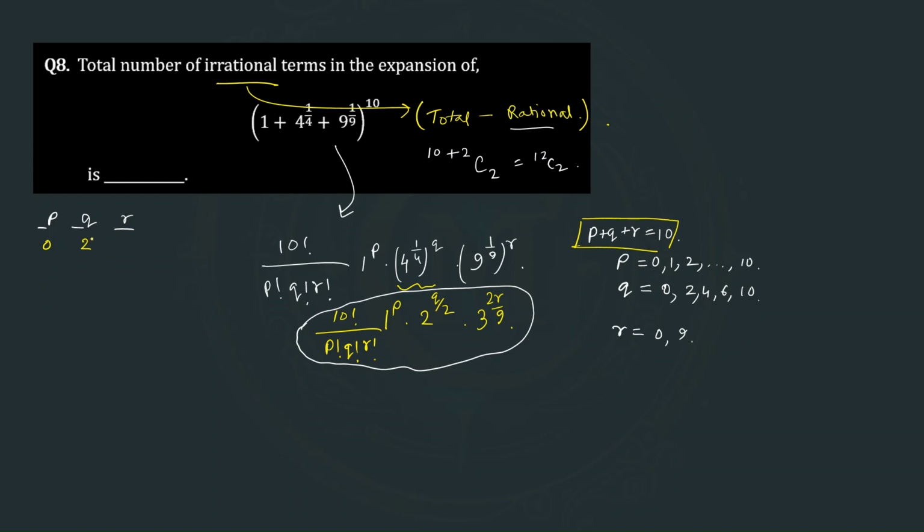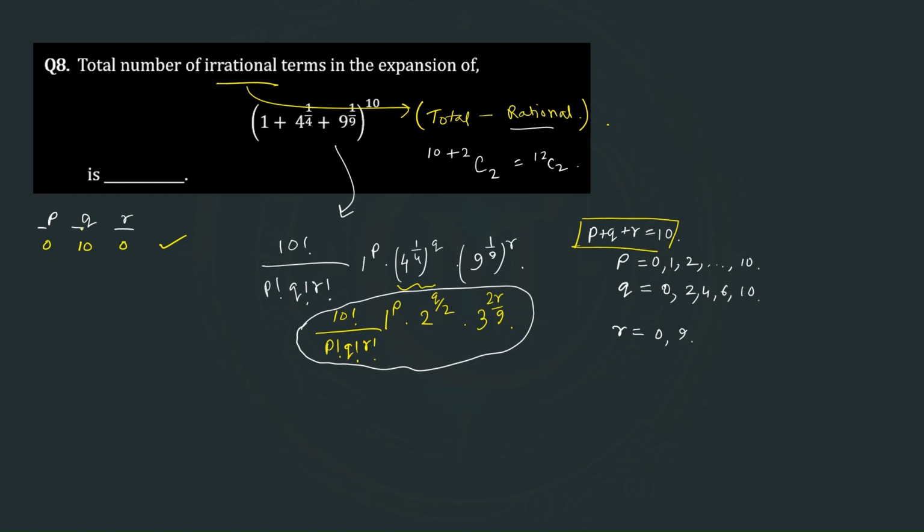So let us also reject this case. Now, as the number of values of R is less, so let us try to put R equal to 0. So Q must be equal to 10, which also satisfies the given conditions. So this is a possible case. Okay. Now let us try to put R equal to 9. That case will not be possible because then Q has to be 1. So we reject that.